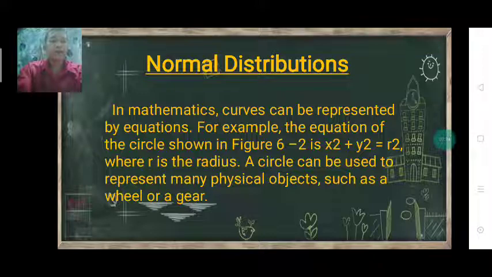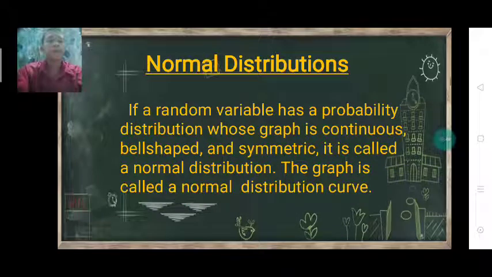For example, the equation of the circle shown in Figure 6-2 is x² + y² = r², where r is the radius. A circle can be used to represent many physical objects, such as a wheel or a gear.